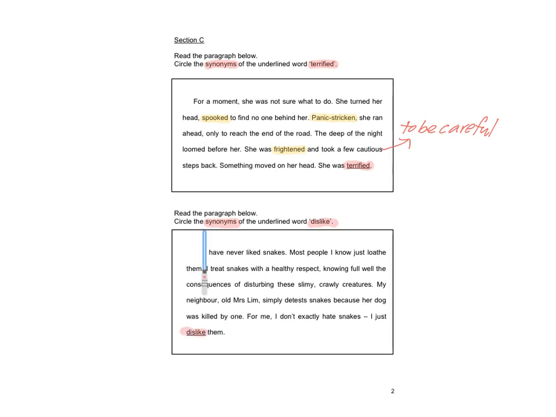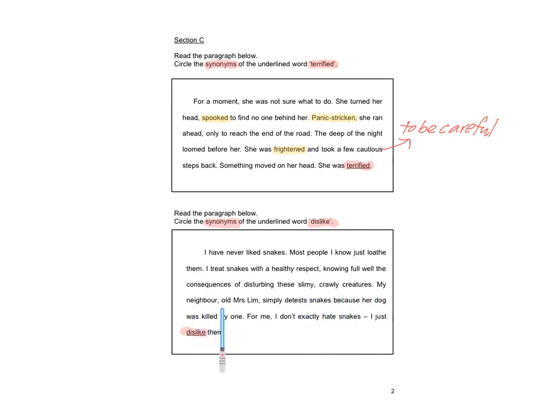Let's read the passage. I have never liked snakes. Most people I know just loathe them. I treat snakes with a healthy respect, knowing full well the consequences of disturbing these slimy, crawly creatures.